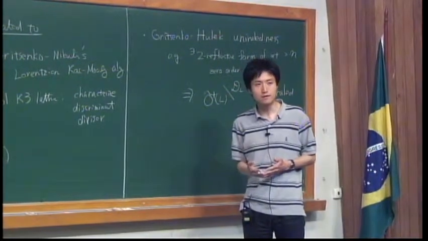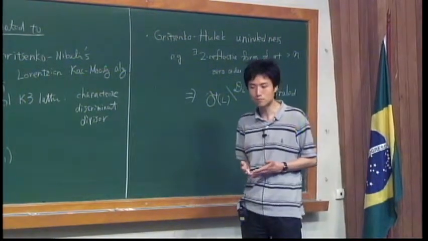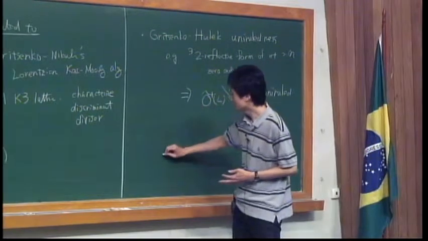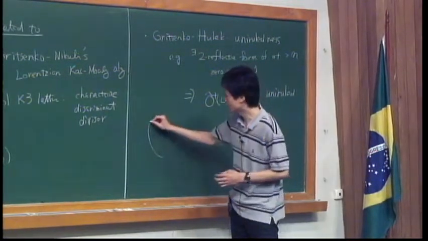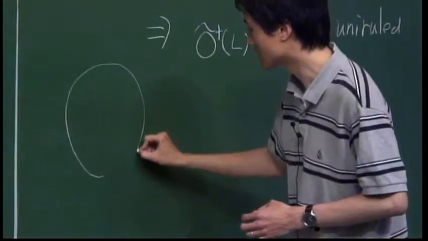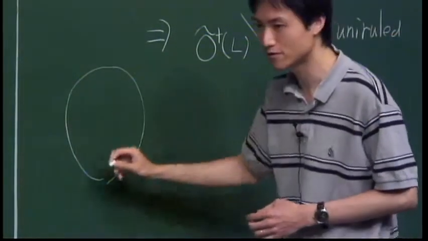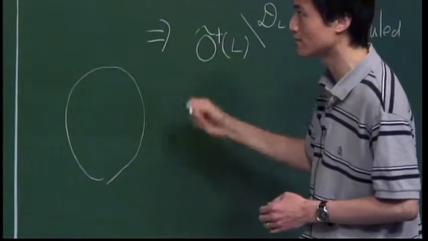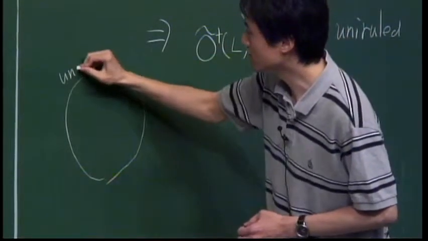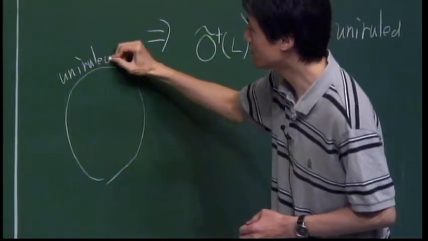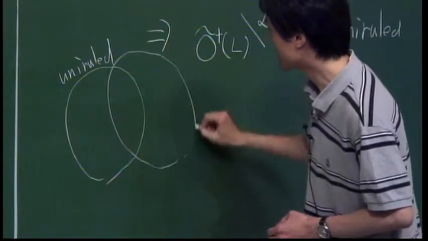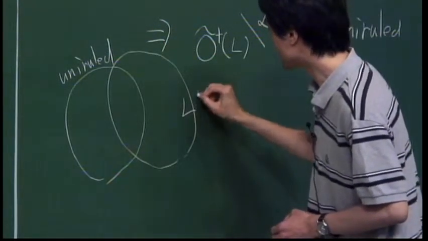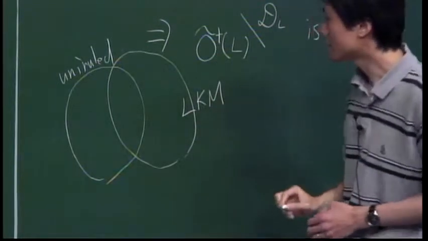So these properties partly characterize interesting orthogonal groups. And there is much overlap between the classes of orthogonal groups characterized by these properties: uniruled or unirational modular varieties, and some interesting Lorentzian Kac–Moody algebras.